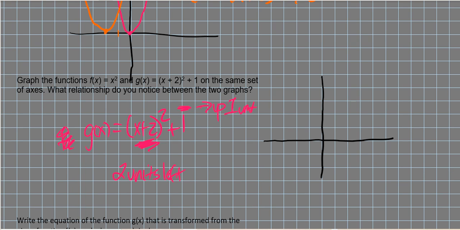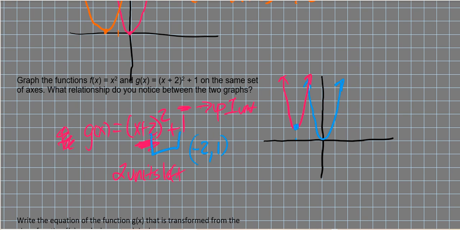It's starting from the basic graph at 0, 0. So if I go to the left 1, 2, and then go up 1, there you have it. That's our answer. Which goes back to, what did we learn about vertexes not too long ago? The vertex was negative 2, positive 1. That's where the minimum point should be.